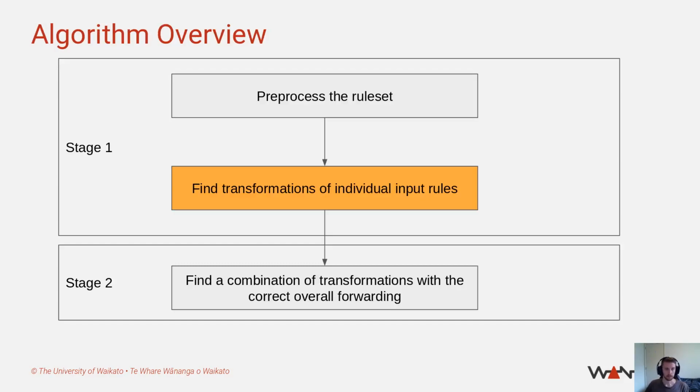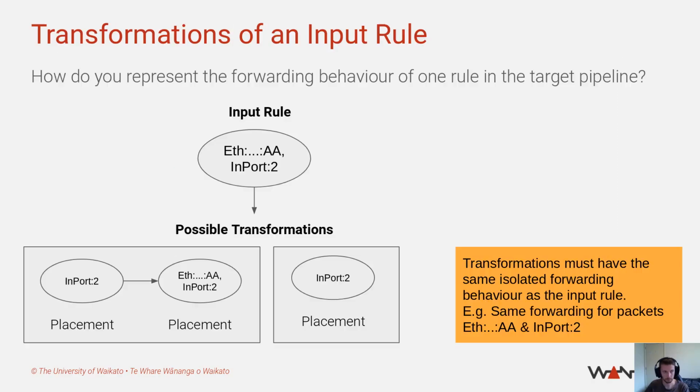So now we've got this single table pre-processed rule set. We then move on to finding a transformation of one rule in this input rule set that fits the target pipeline. We use the term placement to refer to a single rule in one table in the target pipeline, and then we create transformations of the input rules by joining multiple placements in the target pipeline together.